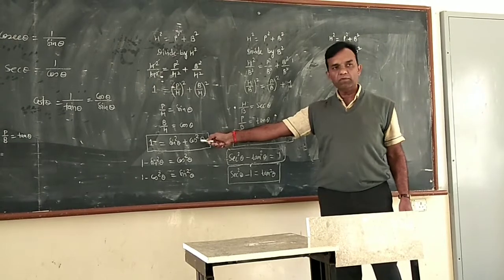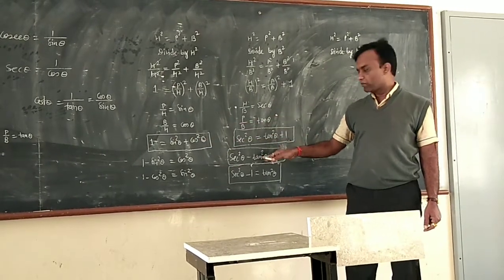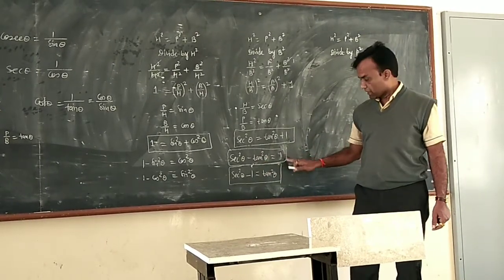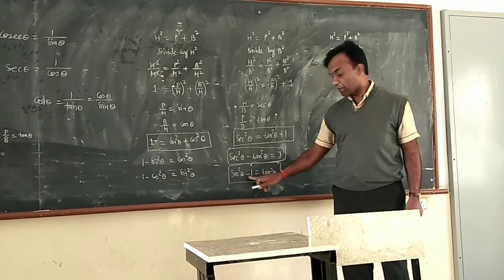Like in the previous one we have sin square theta plus cos square theta equal to 1, but in the second identity we have sec square theta minus tan square theta equal to 1. Similarly this 1 is shifted here, then sec square theta minus 1.